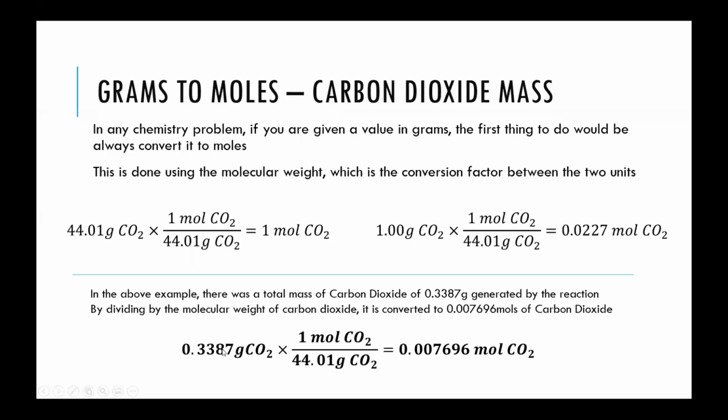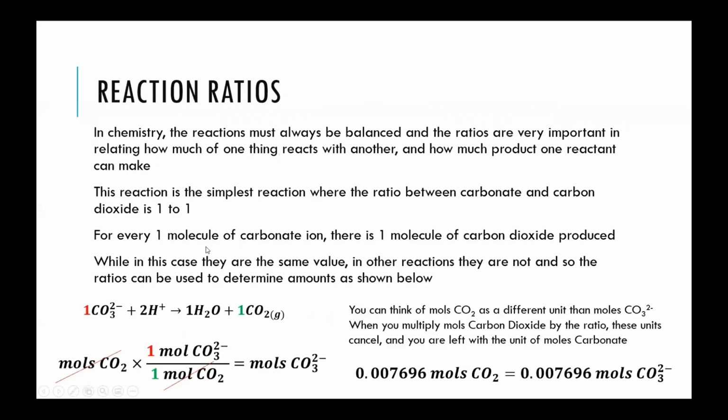Once you have the moles of a compound, you can then look at the reaction itself and look at the ratios between the molecules in the balanced reaction to figure out the masses of any of the other components within that reaction itself, either products, other products, or reactants. So looking at the reaction itself, one carbon dioxide comes from one carbonate.